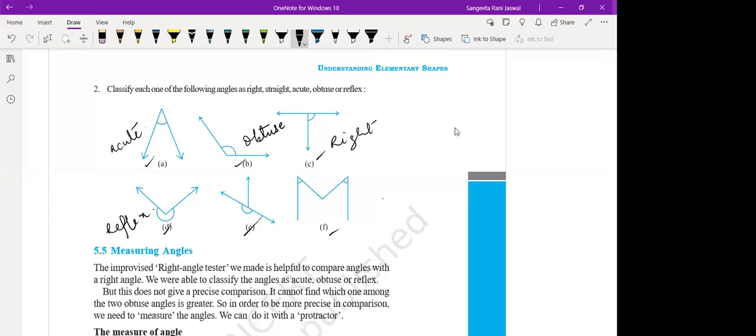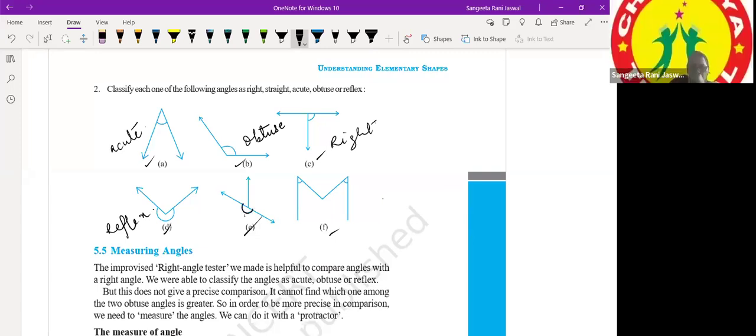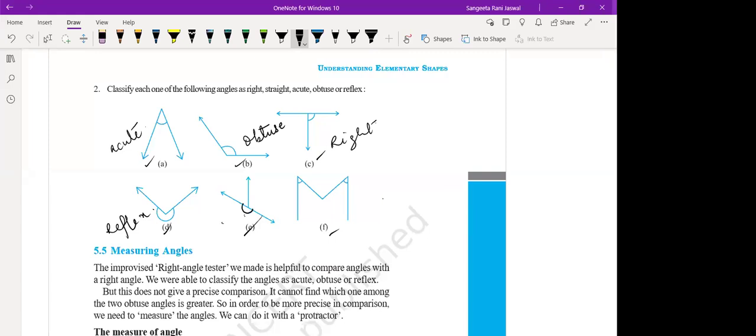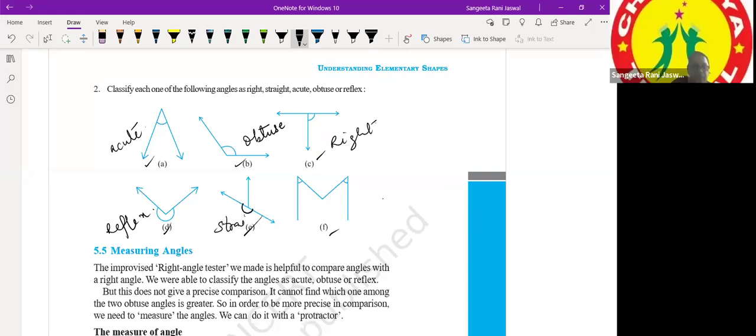Ma'am, it's a straight angle. Okay, you were saying right. This part is acute, this part is obtuse, and this part is the straight angle. But we had to answer this one because this part is highlighted in the question. Otherwise, you were correct.